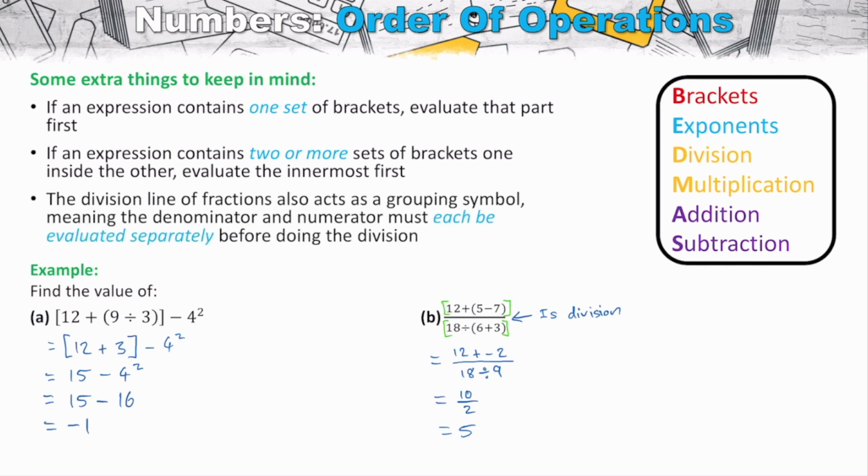If you have a division line in fractions, it acts as a grouping symbol, which means you have to think about that problem as having 2 sets of brackets, invisible brackets at the top and the bottom, the numerator and the denominator. And you must solve the numerator separately, the denominator separately, before you finally do the division.